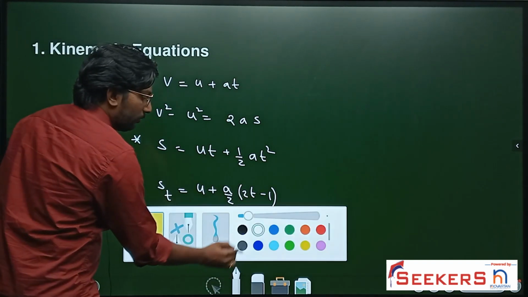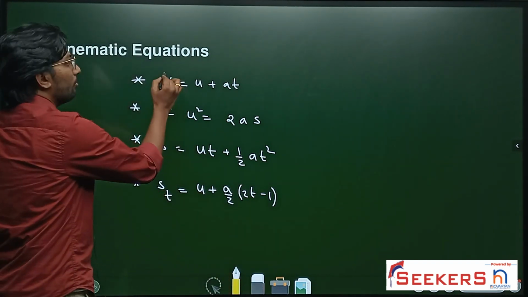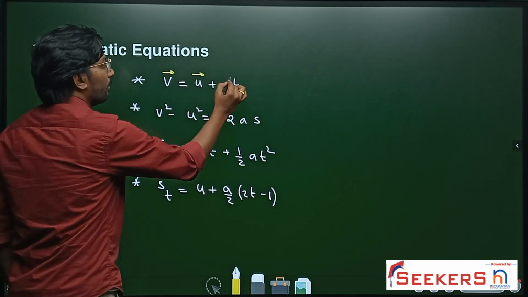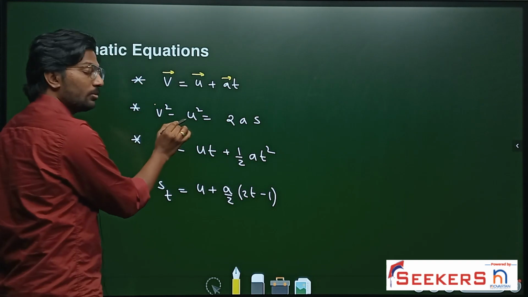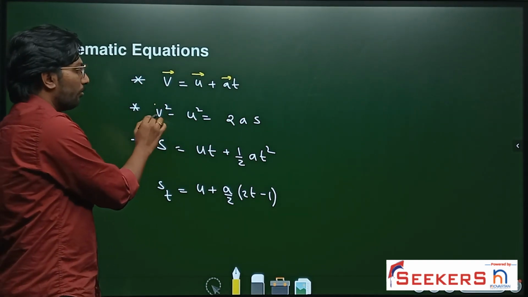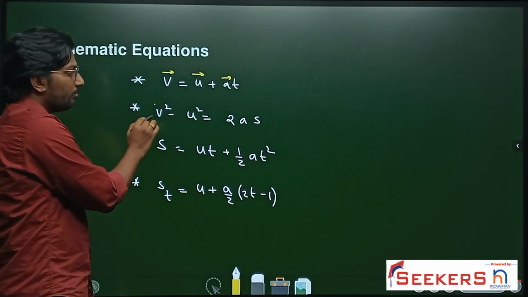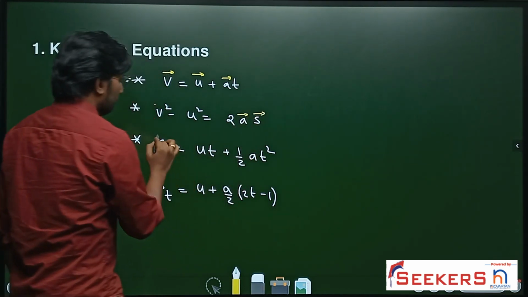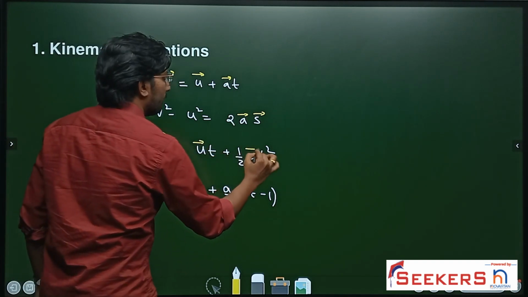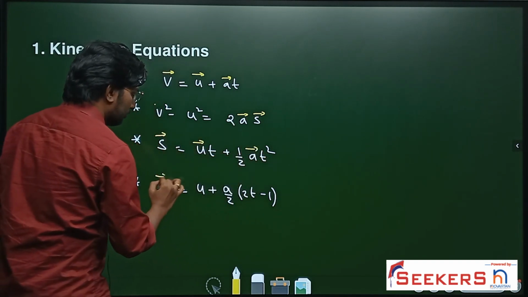I would advise you all, please make sure you write all these quantities in vector format. Here it is not necessary because in v² and u² we are squaring, or doing a dot product between the same vector, which will give the square of the magnitude. Time is not a vector quantity.